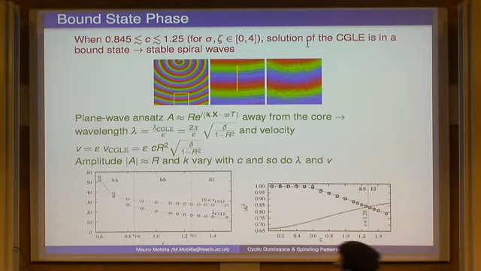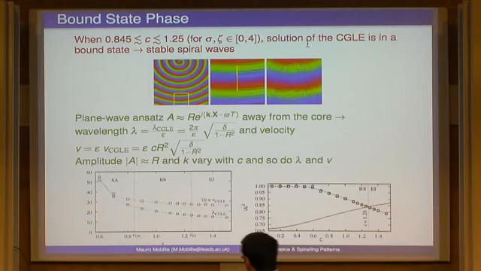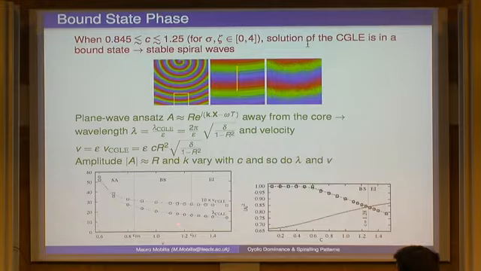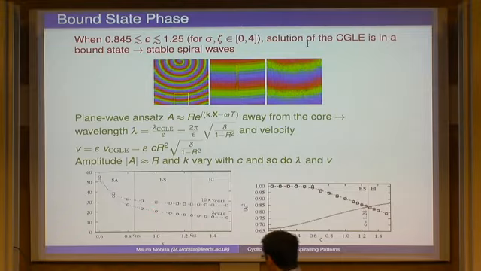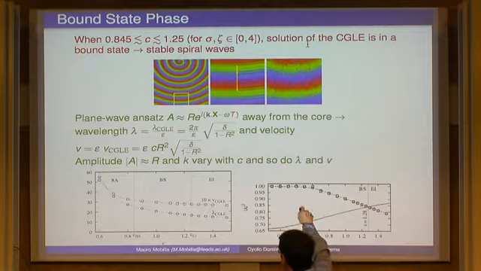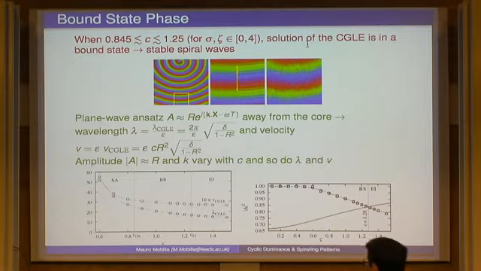right? And indeed, we see that here we have plotted the wavelength as obtained from the CGLE, and we have compared the prediction obtained from the CGLE with what we obtained in our Lattice simulations and in the PDEs.